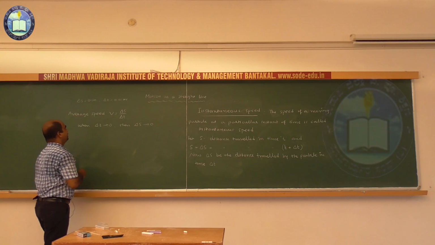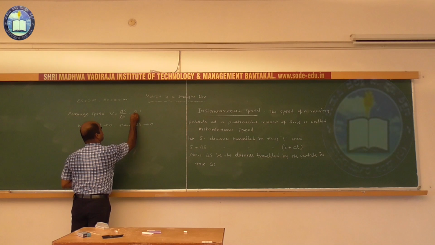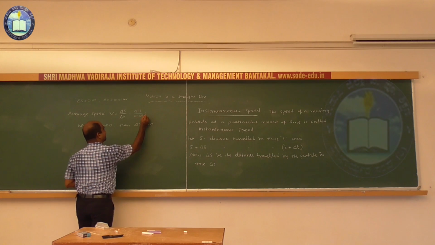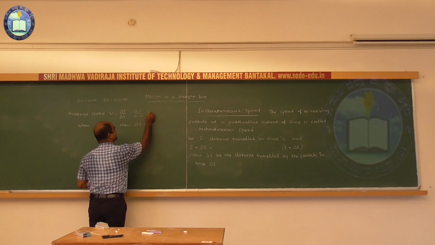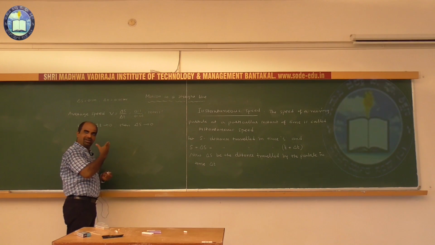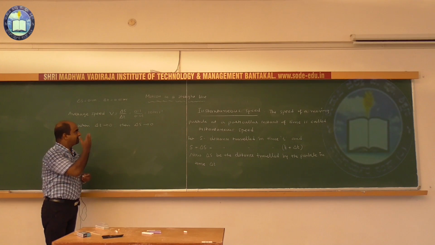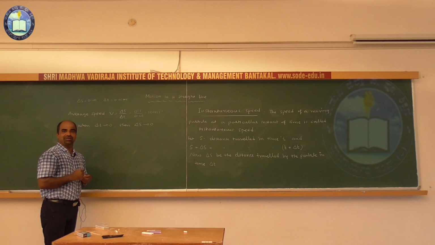Delta S by delta t, 0.1 divided by 0.01, which is 10 meter per second. 10 meter per second is a finite value.